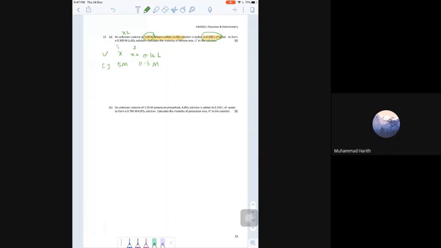The initial volume we don't know, but the final volume is the unknown initial plus 0.16, because it is added to 0.16 liter of water. And you have to calculate the molarity of the Li plus ion. So firstly you have to calculate the molarity of this lithium sulfate solution. What is the concentration?